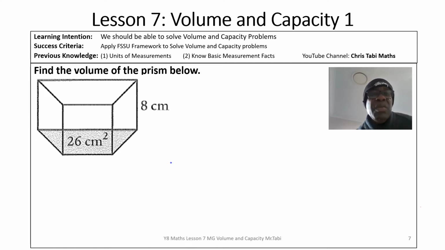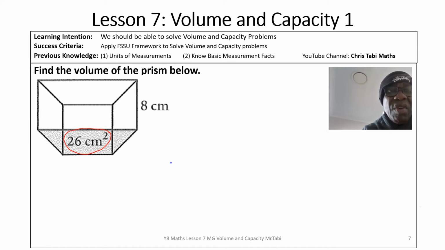Let's look at the next one, volume of the prism. Now, we can see that the cross-sectional area is 26 square centimeters.